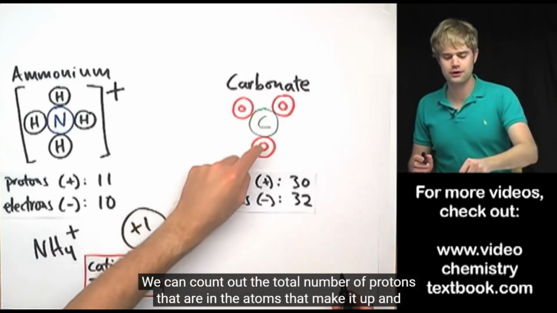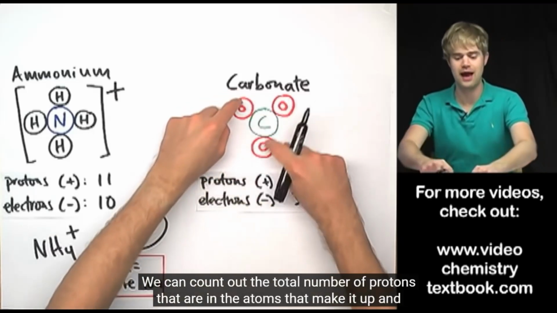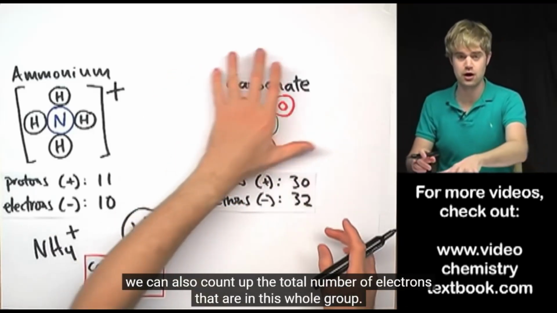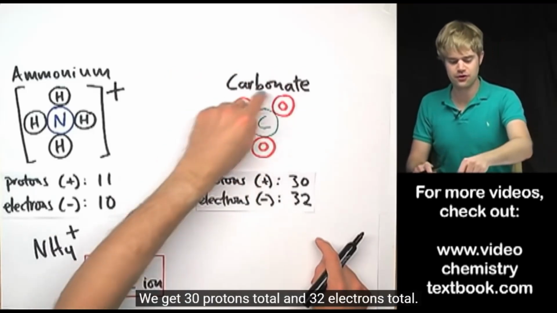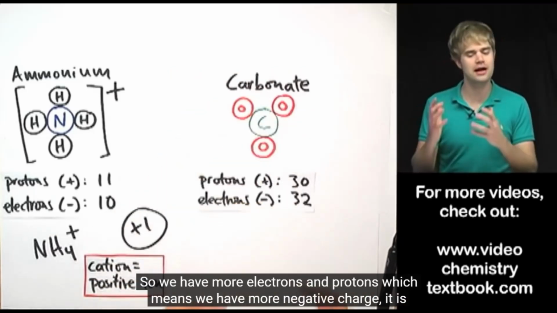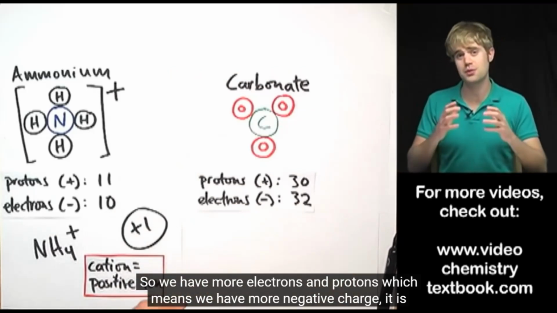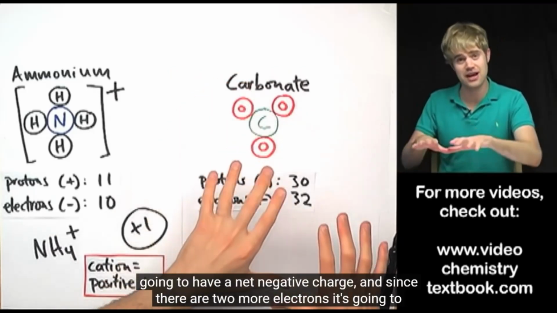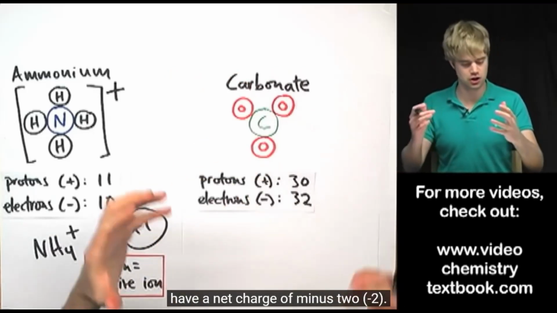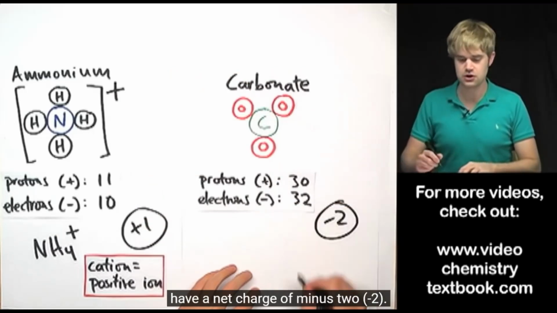Now, carbonate, we can do the same thing with it. We can count up the total number of protons in the atoms that make it up, and we can also count up the total number of electrons in this whole group. We get 30 protons total and 32 electrons total. So we have more electrons than protons, which means we have more negative charge. Since there are 2 more electrons, it's going to have a net charge of 2-.